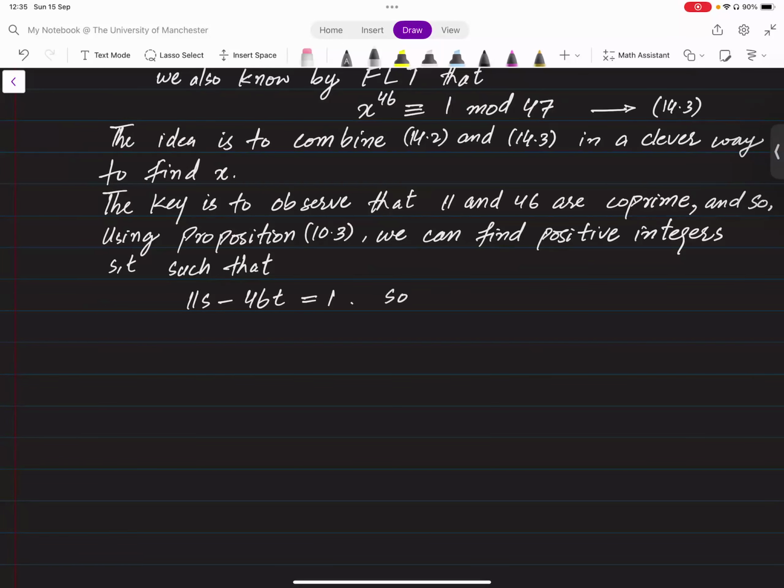So 11s is 1 plus 46t, and 11s is congruent to 1 mod 46.